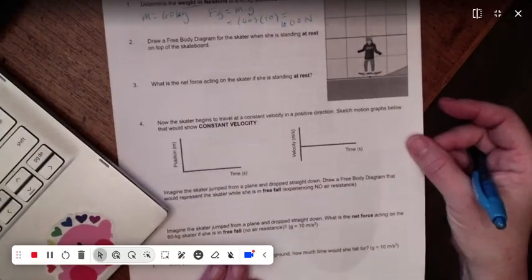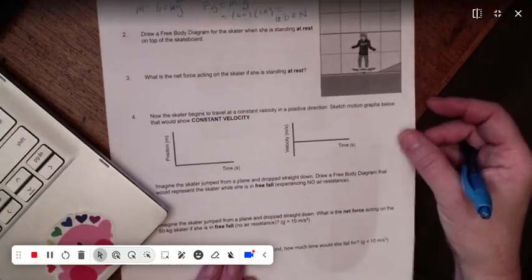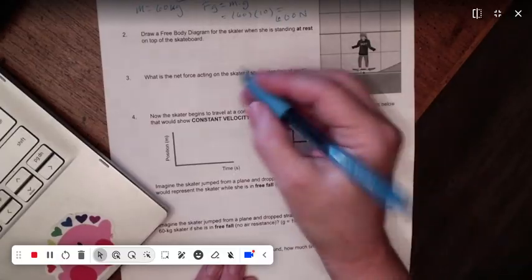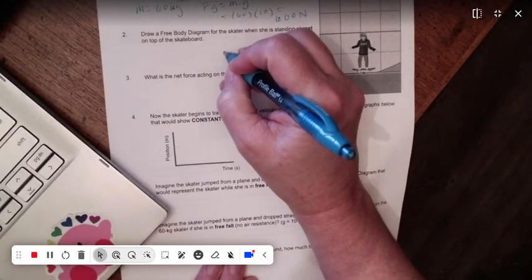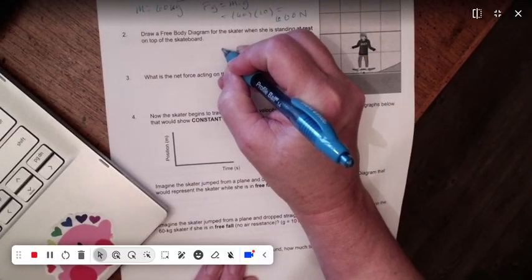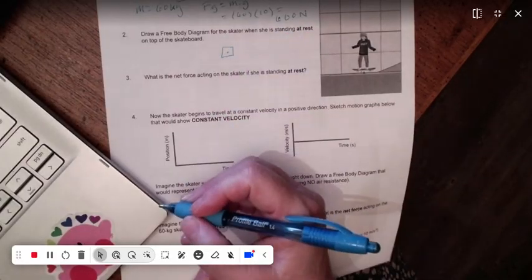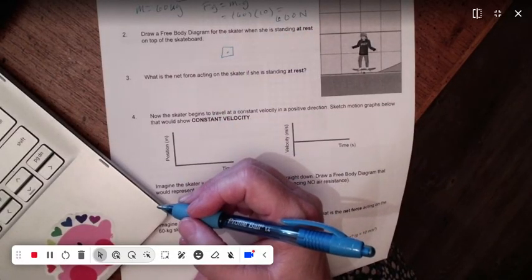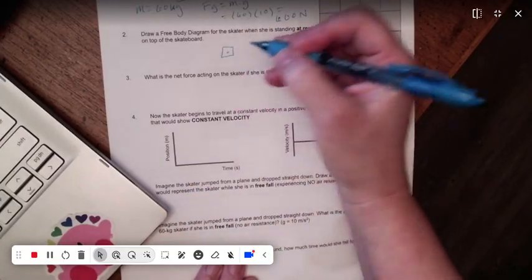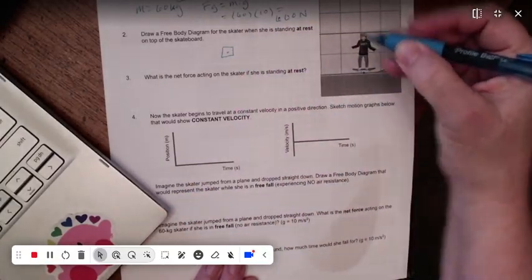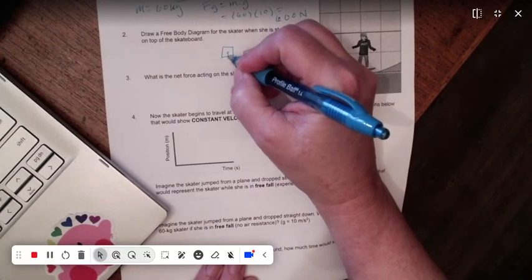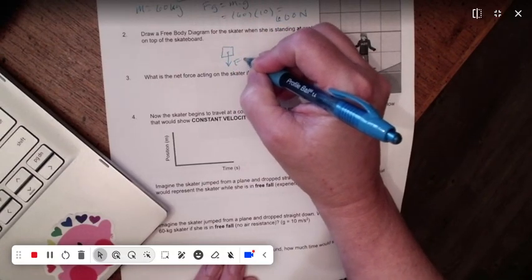Free body diagram for when she's standing at rest on top of the skateboard. Remember, when we draw a free body diagram, we draw her as a box with a dot. All our forces come from that dot. If she's standing here at rest, she's got a force of gravity, because we just calculated that.